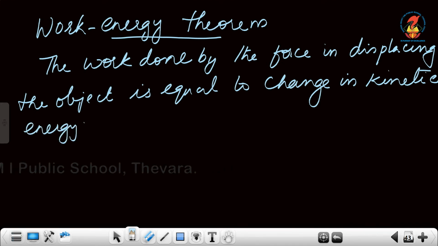The work done is equal to the change in kinetic energy.